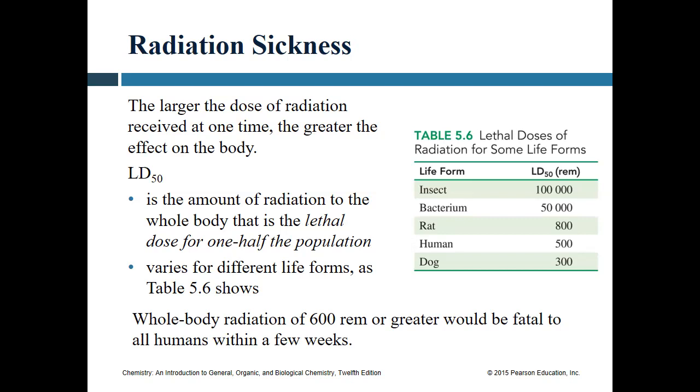You know, this was brought up to me the other day. You ever wondered why a cockroach can survive pretty much anything? Look at the lethal dose of radiation for it compared to that of a human. The LD50 for humans is about 500 REMs. For an insect, it's about 100,000.